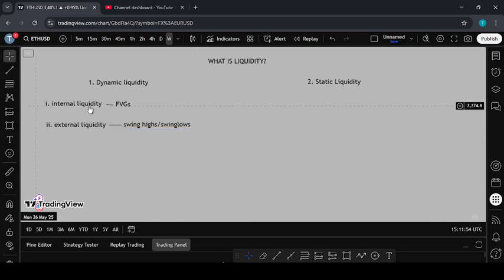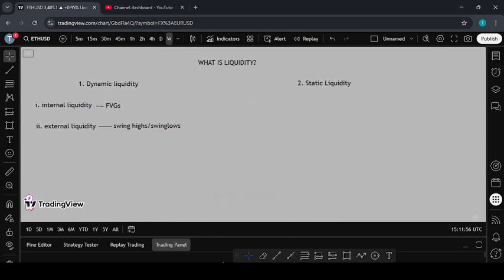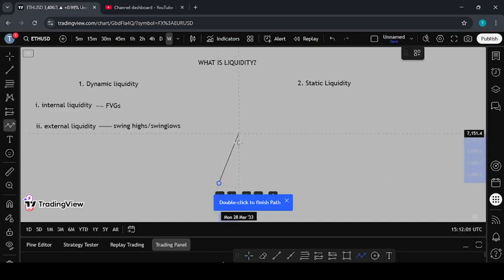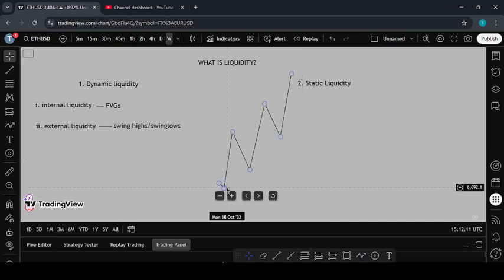Okay, good. Now we understand dynamic. As the market moves, market creates this liquidity. So, for example, in an uptrend, when you have a swing high and a swing low, break structure creates another swing high and a swing low, break structure to the upside. Now, market is creating dynamic liquidity.